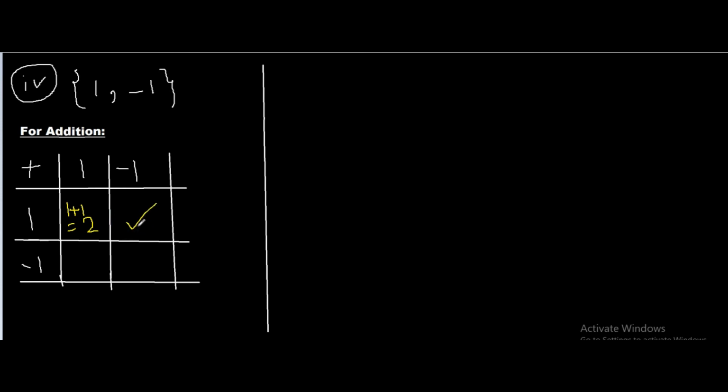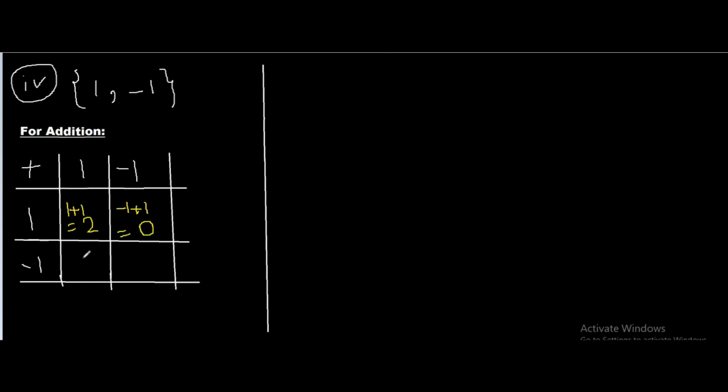Next box, this has the upper input, which is -1, while the left input is 1. So -1 and 1 means -1 plus 1. You can see here that both will cancel each other. The result is 0.